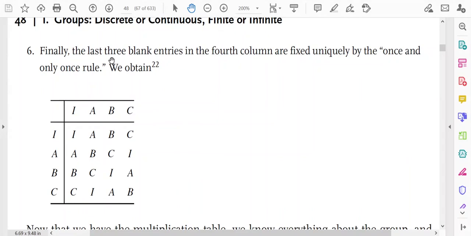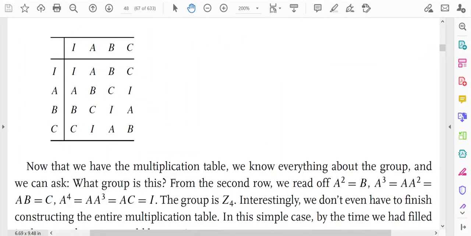Finally, the last 3 blank entries in the fourth column are fixed uniquely by the once and only once rule. That means the last column we can fill easily, because we have already obtained 3 elements of that column. So the element that is left we have to write here. In this way we can prepare the whole multiplication table.